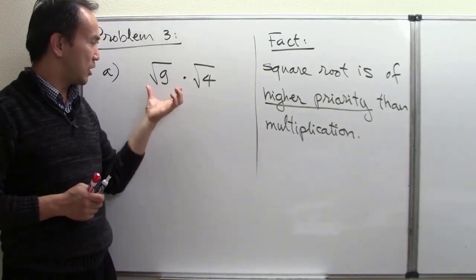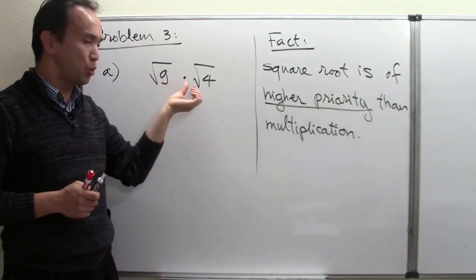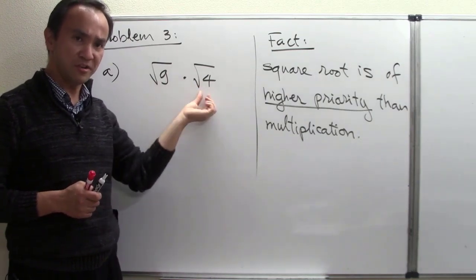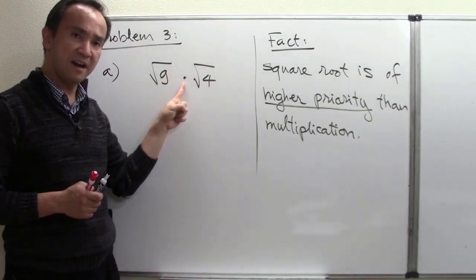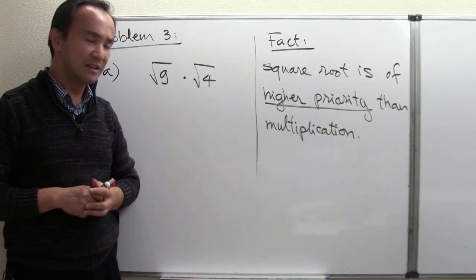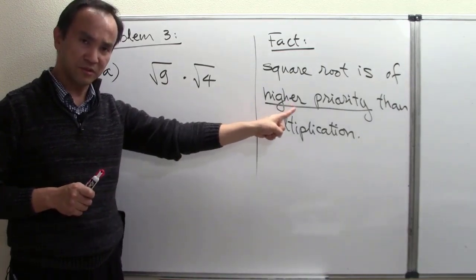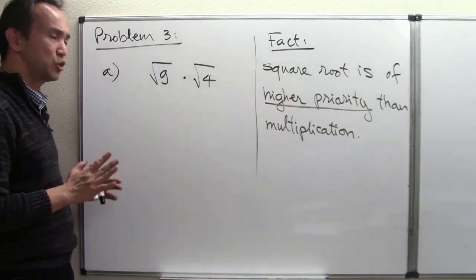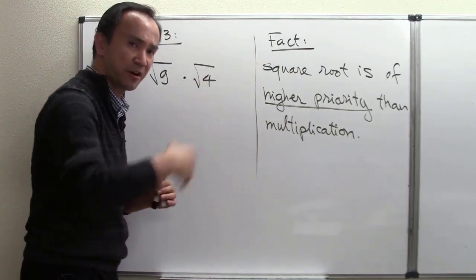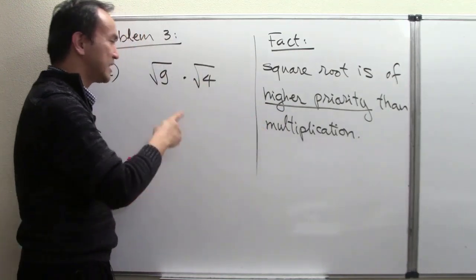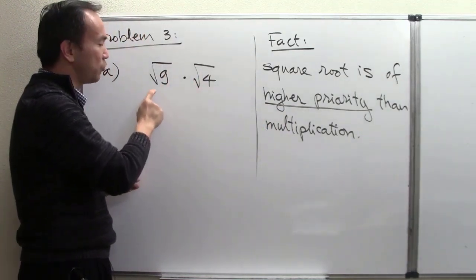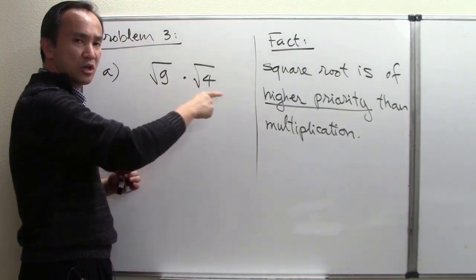I see that we have taking square root as one operation involved, and we have multiplication involved here. According to the facts, taking square root is of higher priority. Higher priority means that between the two operations, we must do those square roots first.